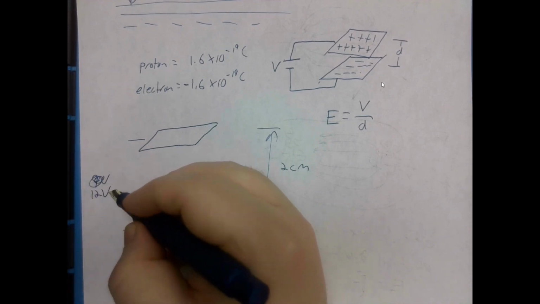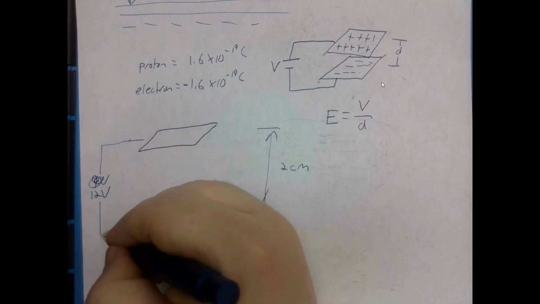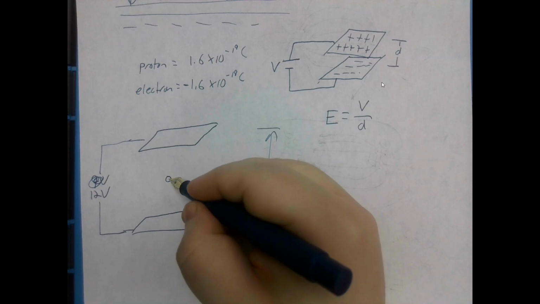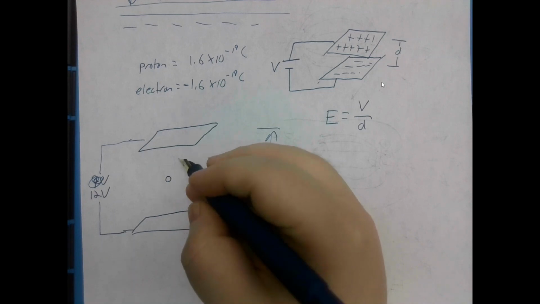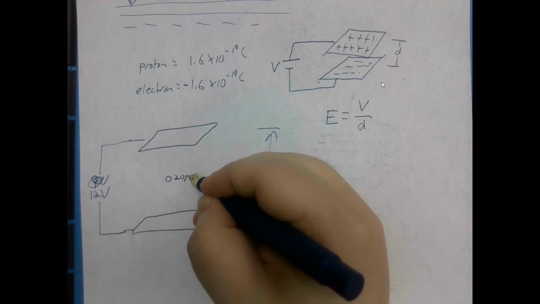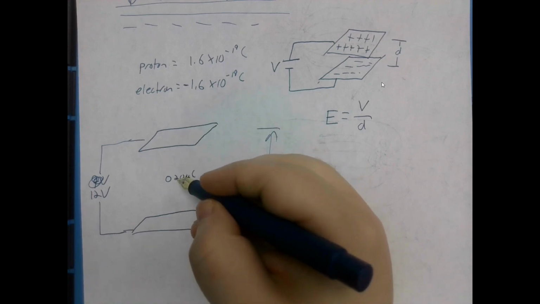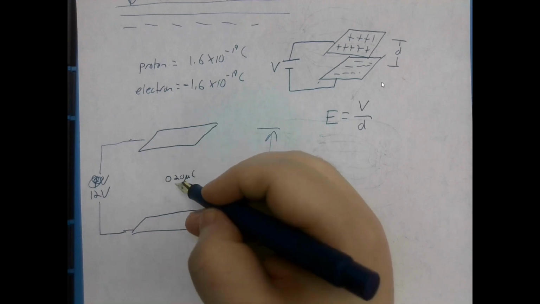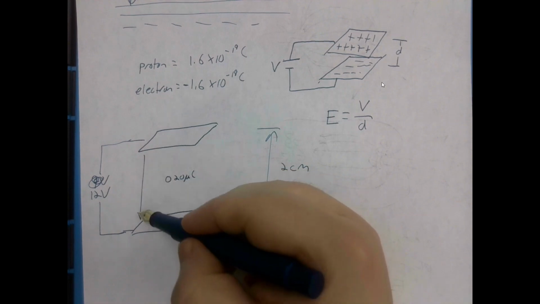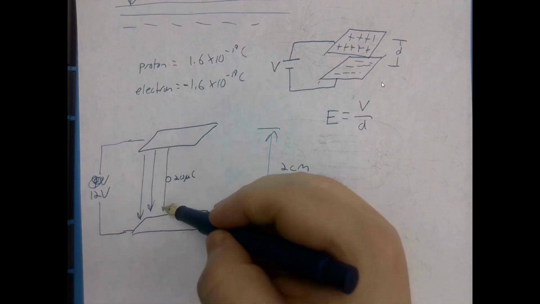Let's use a car battery, 12 volts. And then I put inside of it a small little metal pellet that has a charge of 20 microcoulombs. So I have some static electricity and charged it up. And let's say it's big enough that we can assume the field is uniform throughout this.